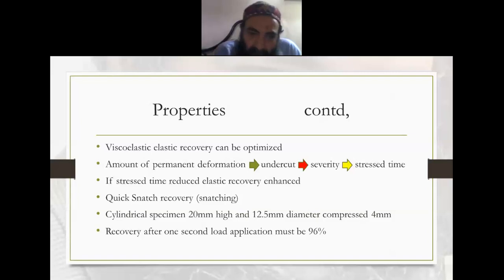If stress time is reduced, elastic recovery is enhanced.